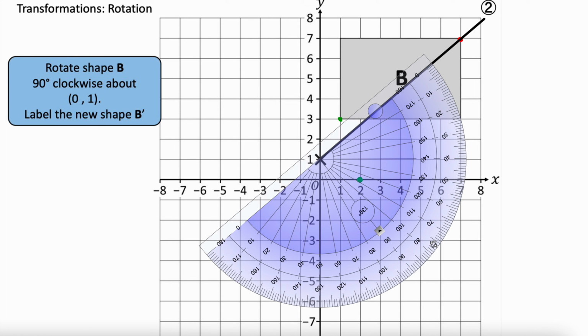And then from the line connecting the center of rotation to the red vertex, we will rotate that line 90 degrees clockwise. So then it's more or less here. Okay, and we will draw another line here, making sure that it is really 90 degrees, and then we can remove our protractor.